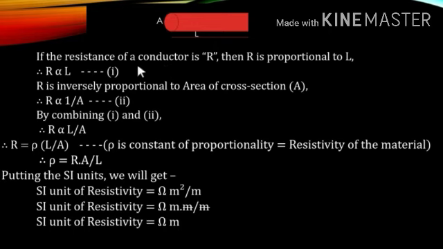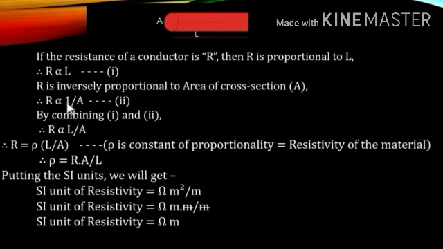If the resistance of a conductor is R, then R is proportional to the length; R increases as the length increases. This is relation number 1. R is inversely proportional to the area of cross section.